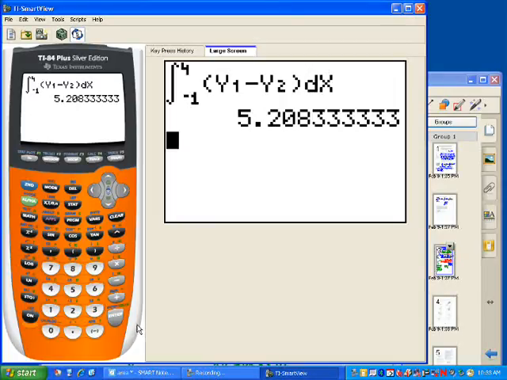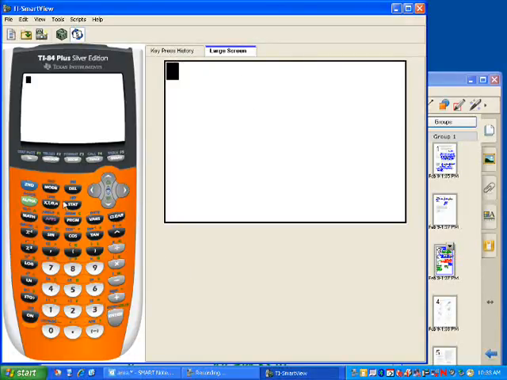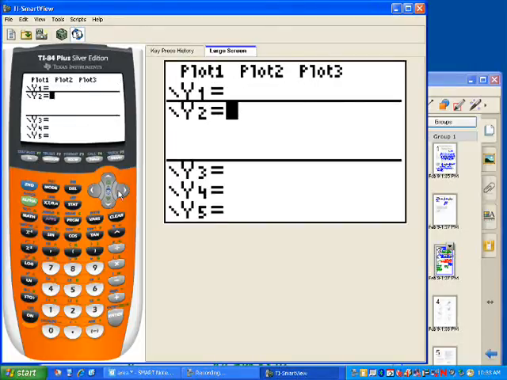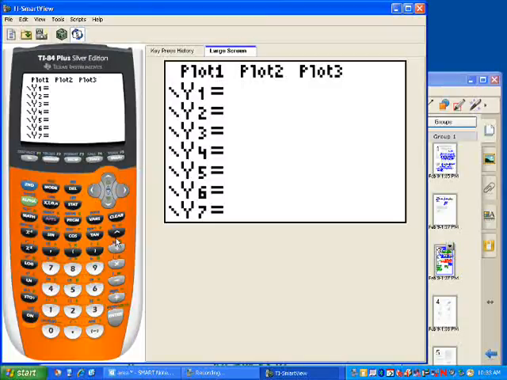The other one, I think we have time. Want to give it a try? Plugging that ugly thing in there. Let's give it a whirl. I'm going to clear this out though. Okay. And this is entirely up to you. When you put in your radical 4x, you can put in radical 4x and negative, or you can just put the positive one in, and I'll show you how to do that.